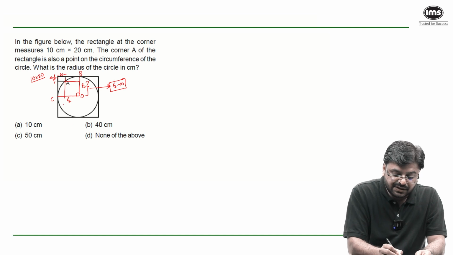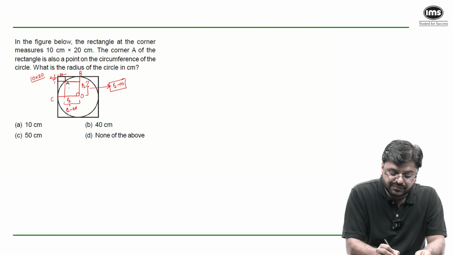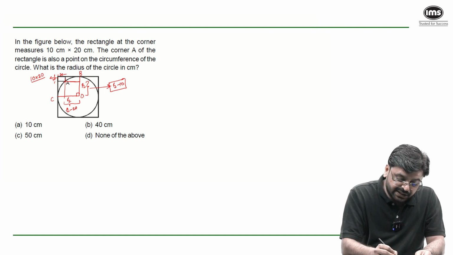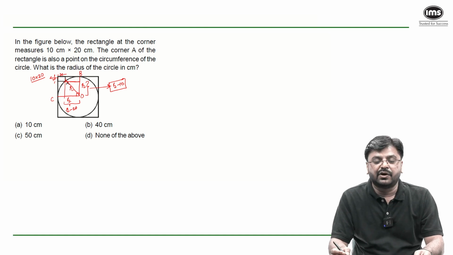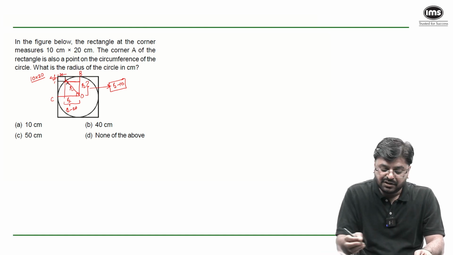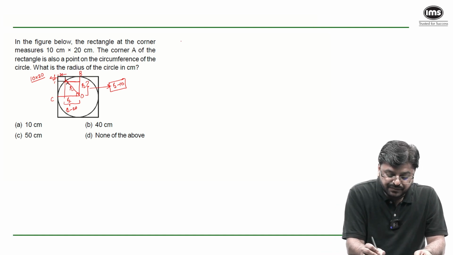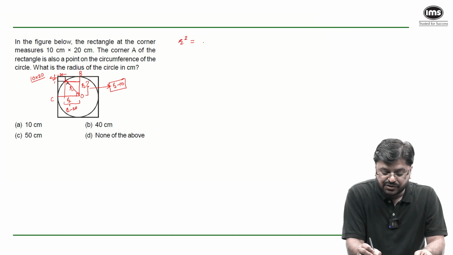That means this part will be R minus 10, radius minus 10, and this part will be R minus 20, radius minus 20, and the diagonal OA is equal to R. Now it is a right triangle, so we can use Pythagoras here, which means R square is equal to (R minus 10) square plus (R minus 20) whole square.